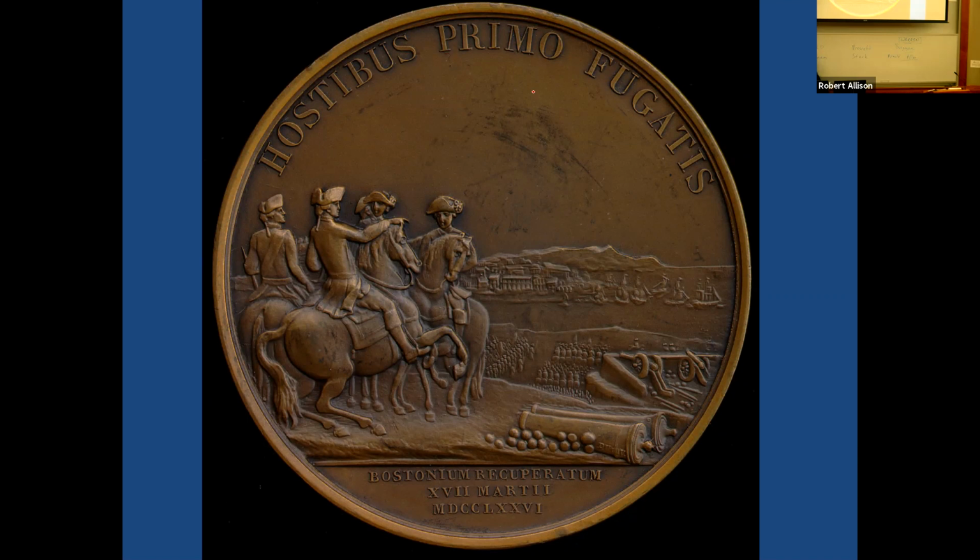B-U-S is the plural in Latin. Yeah, enemies, very good. First, enemies. Fugatus is the verb. Kind of, to flight or to flee. So the enemies first made to flee, okay?